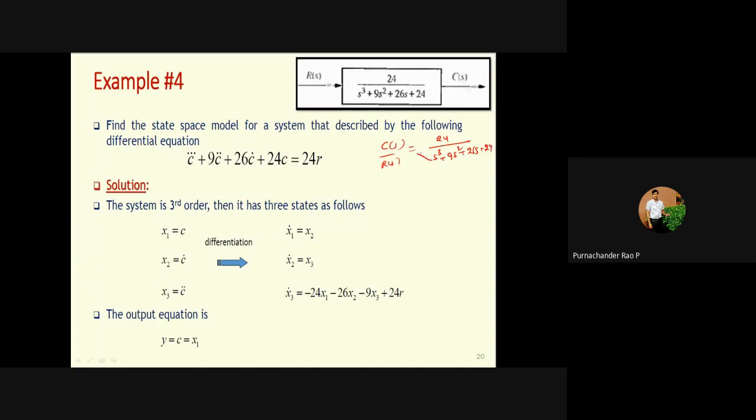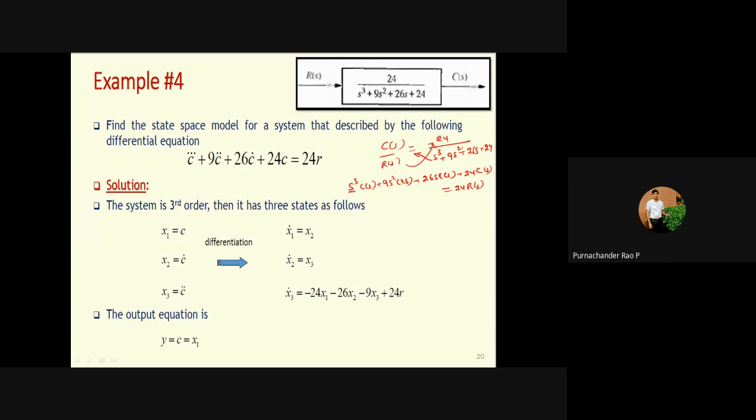I will cross-multiply. So this is s cube times C of s plus 9 into s square times C of s plus 26s times C of s plus 24 C of s is equal to 24 times R of s.